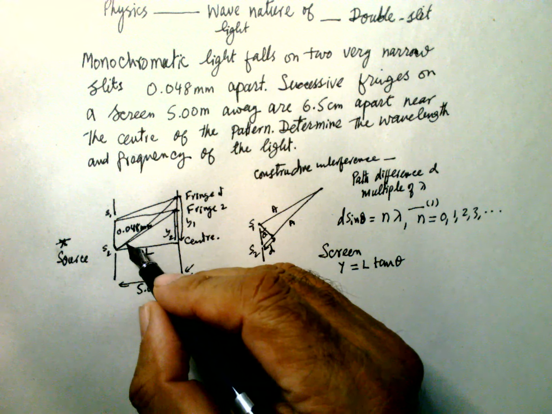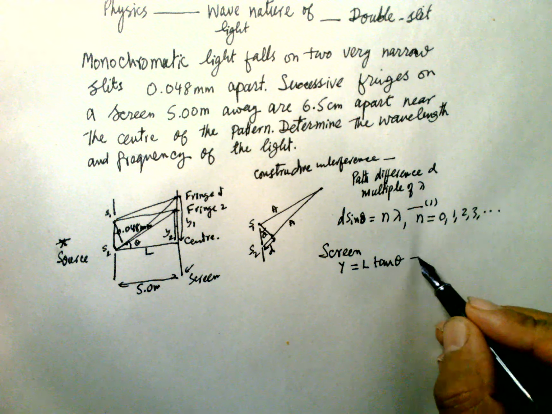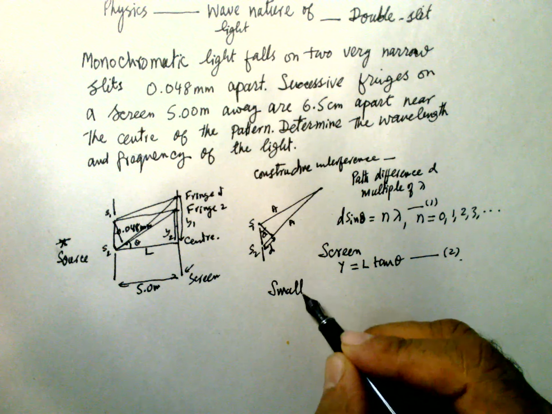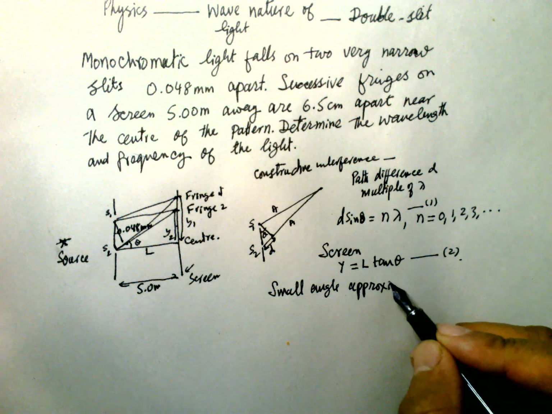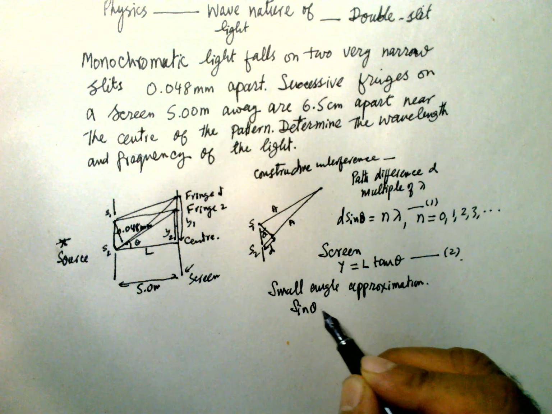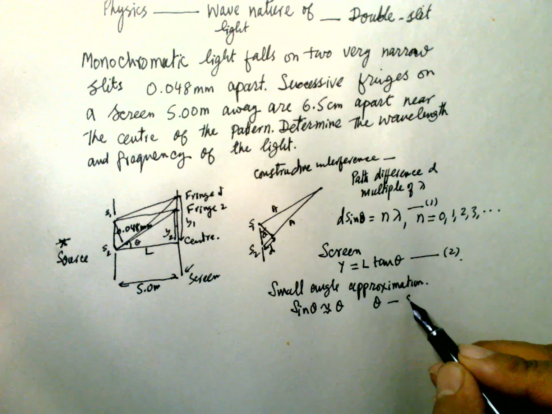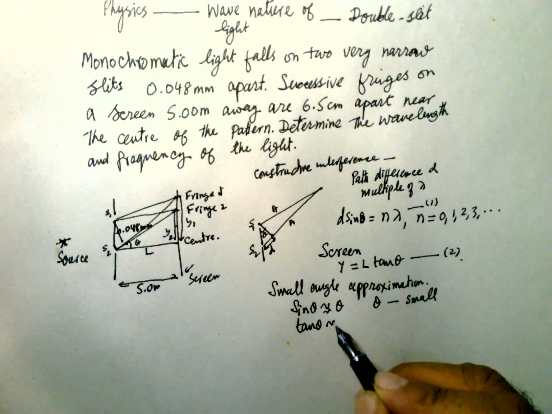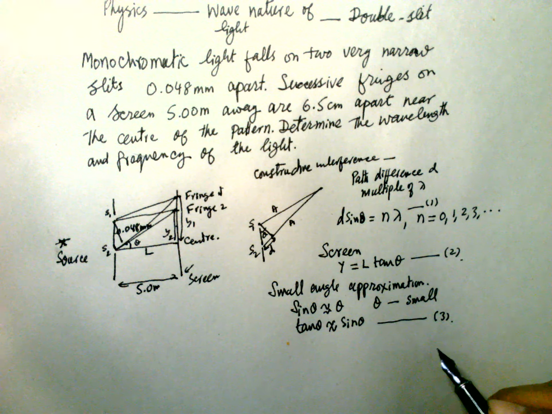So this is theta and this is also theta. This is equation 2. Now we will use the small angle approximation: sine of theta is equal to theta when theta is small, and tangent of theta is equal to sine of theta. This is equation number 3.